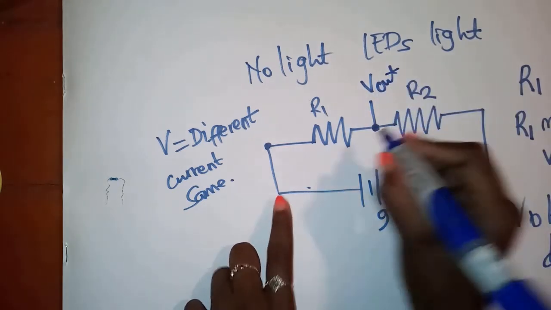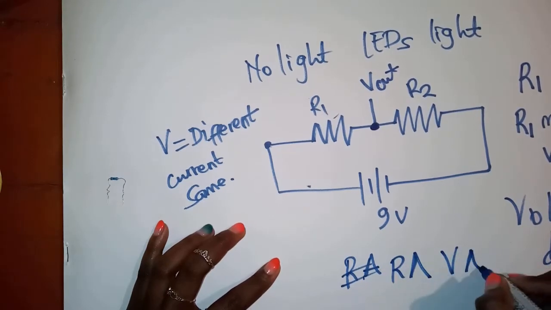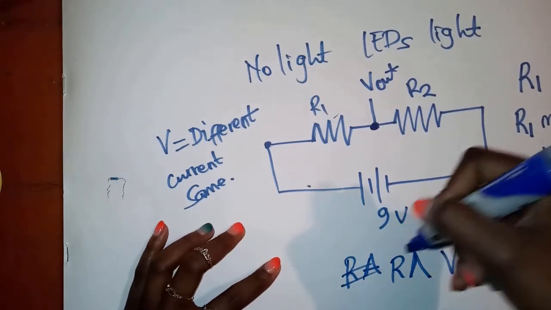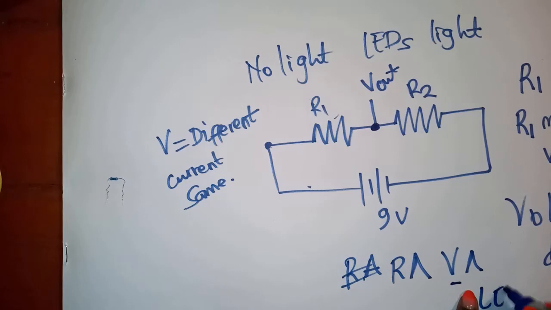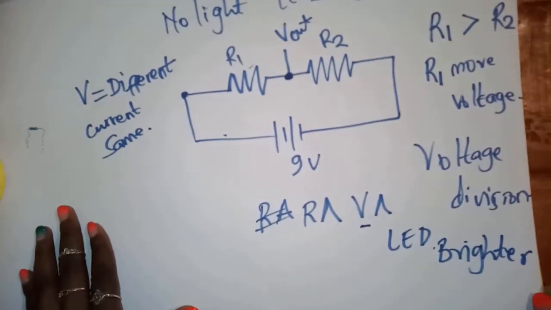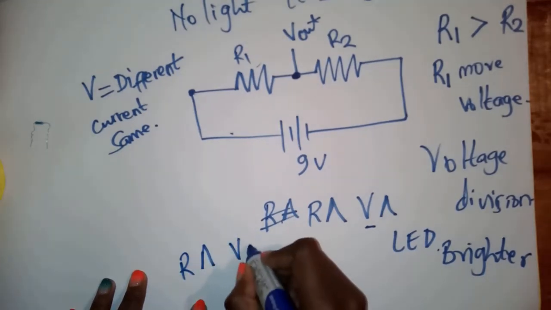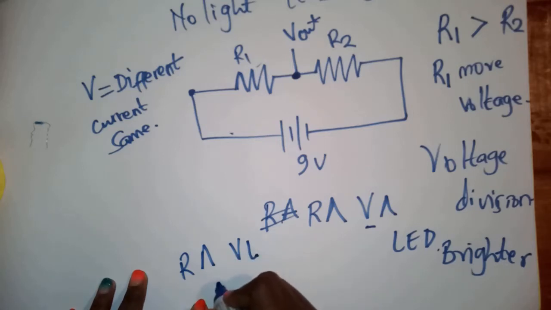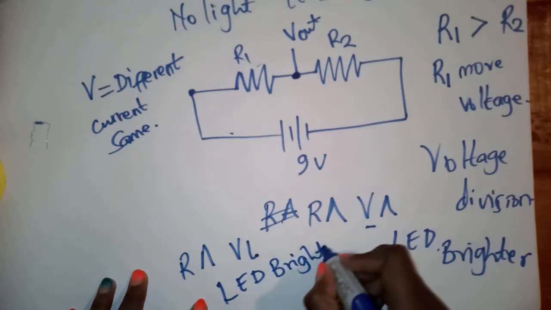So we will be playing with this voltage. When the resistance is high, then the voltage is also high, which is the opposite of what was happening before. Therefore, when the voltage is high, the LED lights brighter. This is the opposite of what we had previously, whereby when the resistance was high, the voltage was low, and the LED brightness reduced.